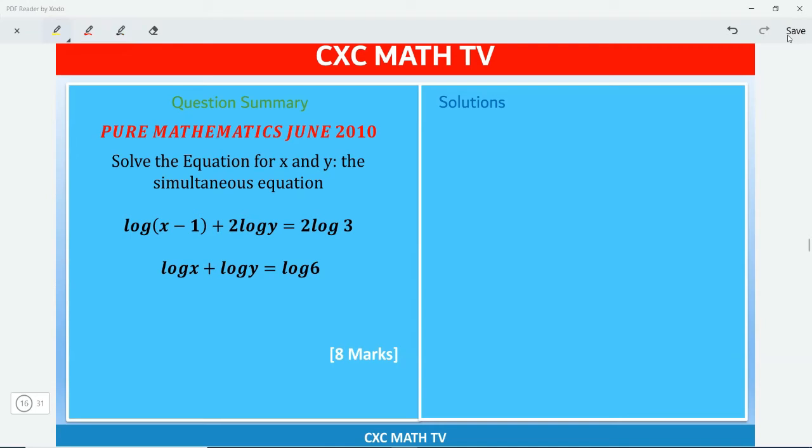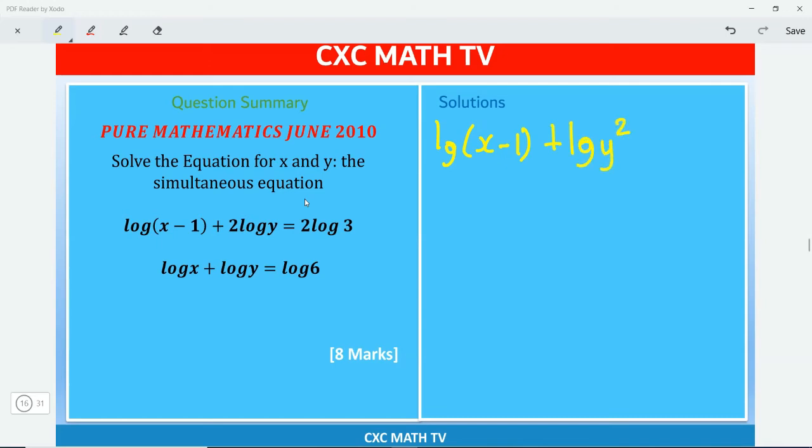All right, so going through this, doing simultaneous equations, we always want to get it out of the log form. To do that, we're going to have to use laws of logarithm. So the first equation is the log of (x minus 1). We can bring up the 2 to write it as plus log y squared.